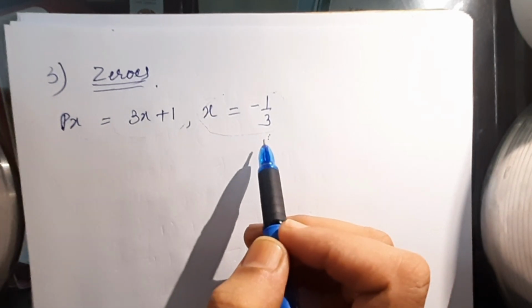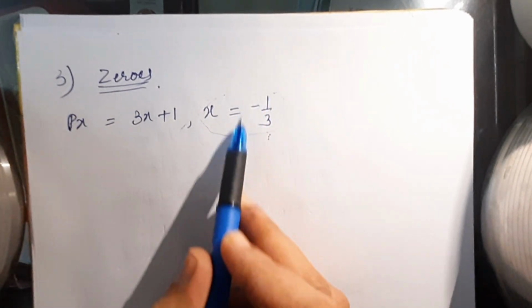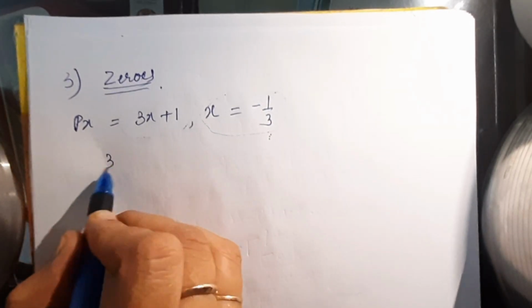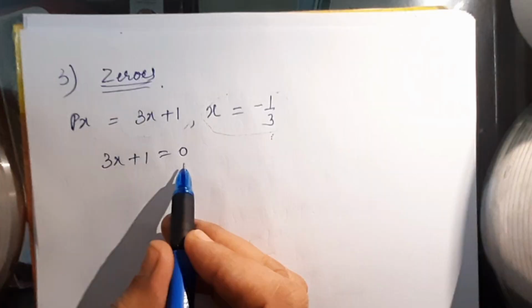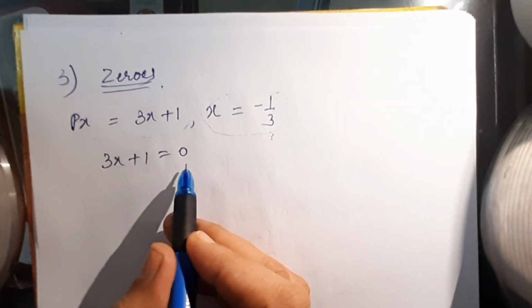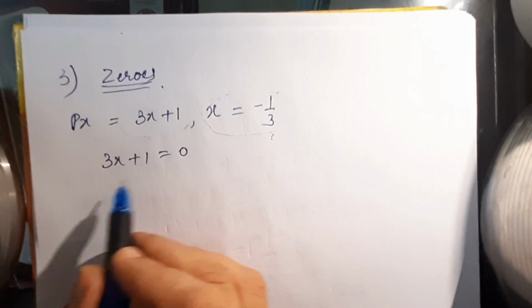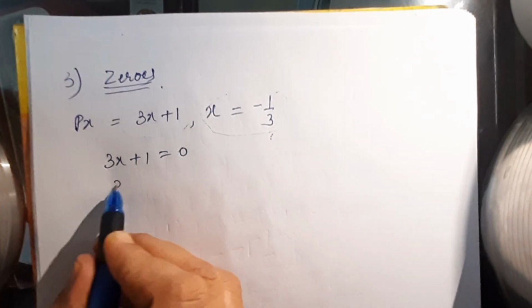So we can solve this equation in two different ways. The first one, either we can replace x with minus 1 by 3 or we can compare the equation with 0. As it is given as a zero of the polynomial, the equation will match with 0. If we are getting the same answer for x, we consider it to be the zero of the polynomial.